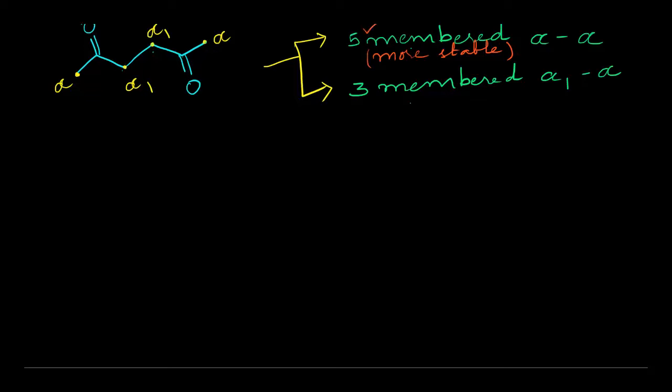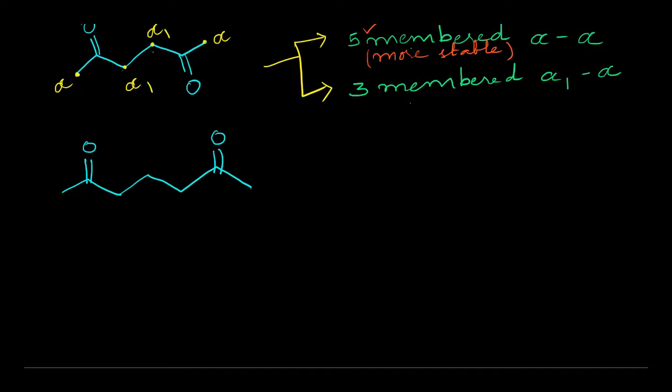Let us take another example. Here you have CH3, C double bond O, CH2, CH2, CH2, C double bond O, CH3.